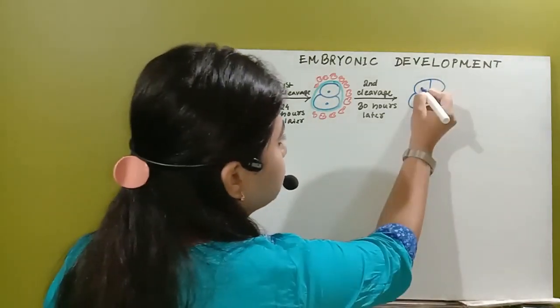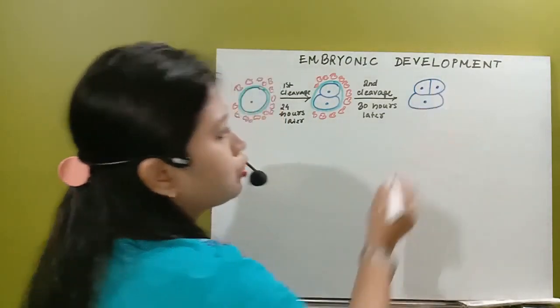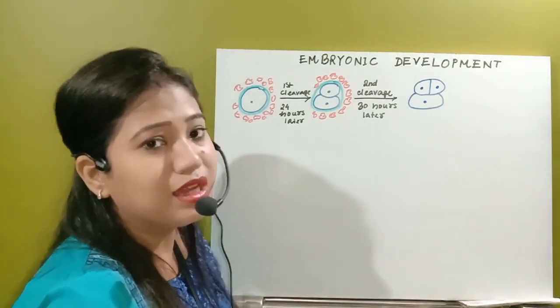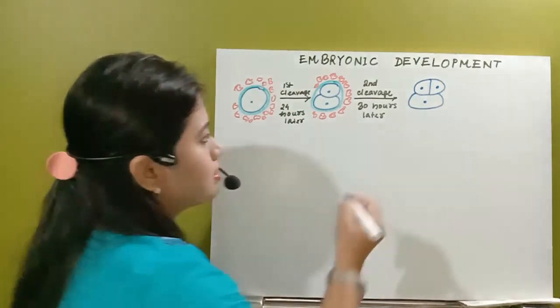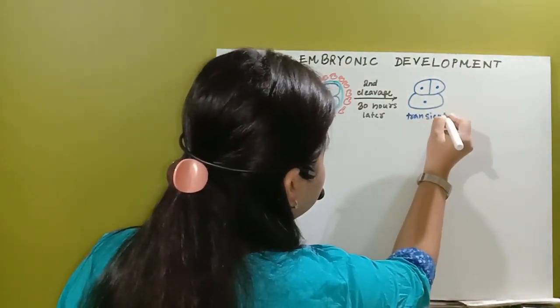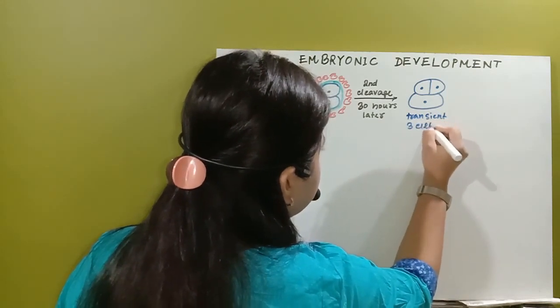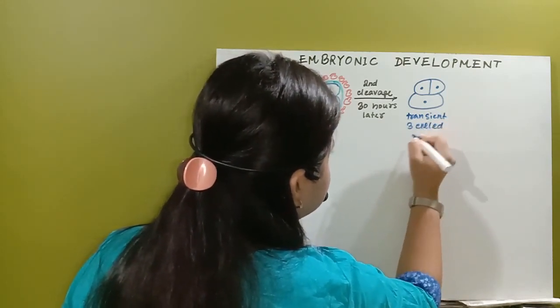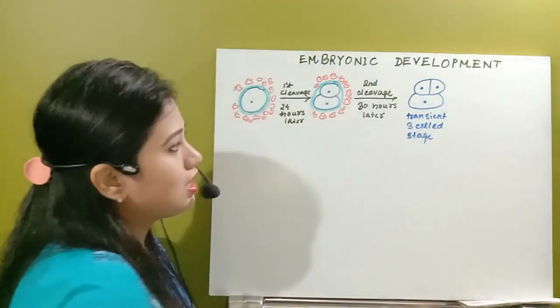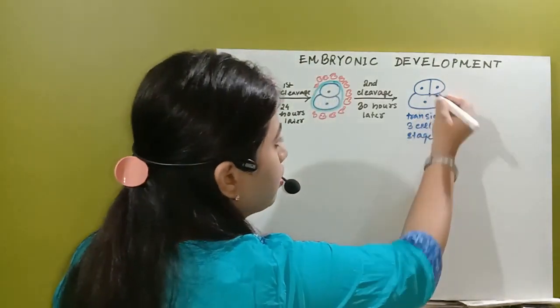That means in this stage, for some time you can have a cell mass of only 3 blastomeres. So this is the transient 3-cell stage.